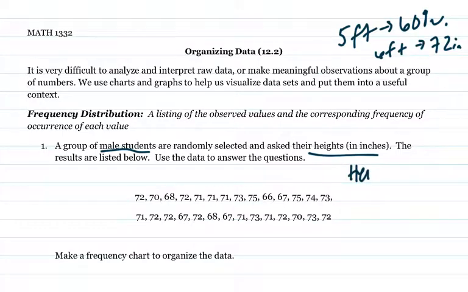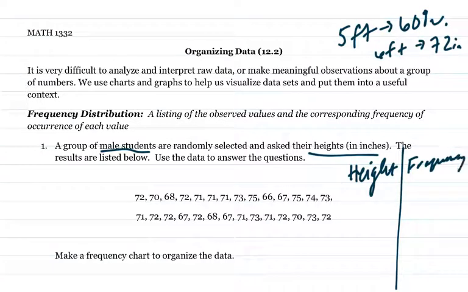But anyway, what we are going to do for a frequency table is you just take your data you're looking at. So we have height, and then we have number of occurrences, or you could just say frequency. And then you're going to tally for each of these values, going from the smallest to the largest, how many times it appears. So our smallest value in this list is 66.